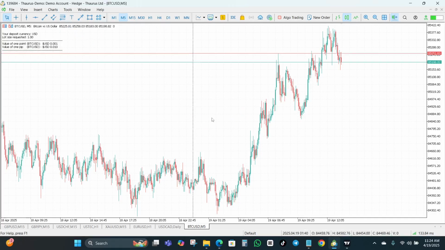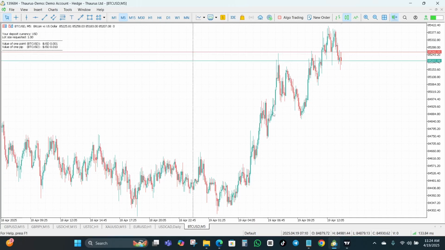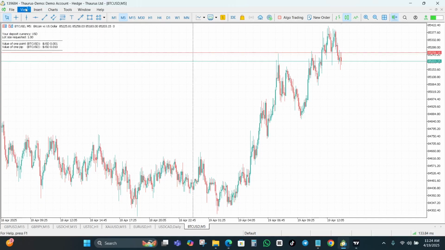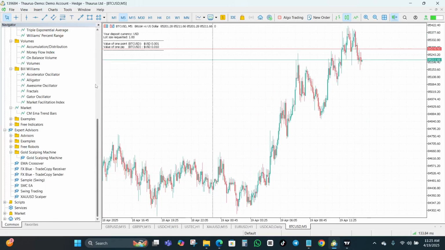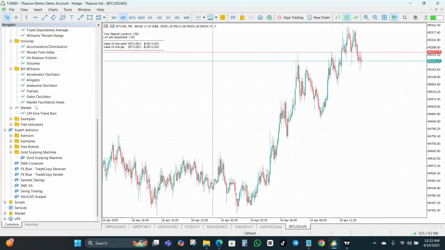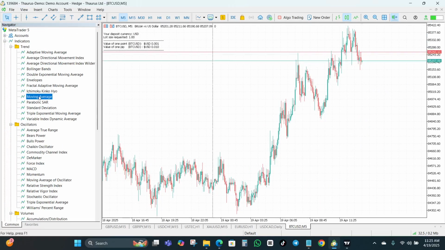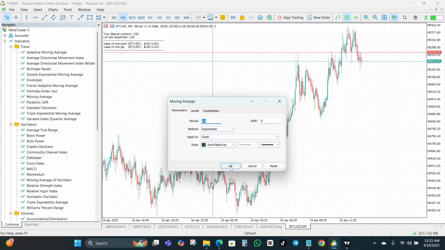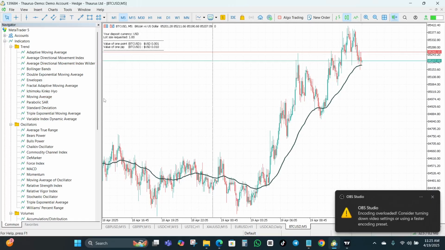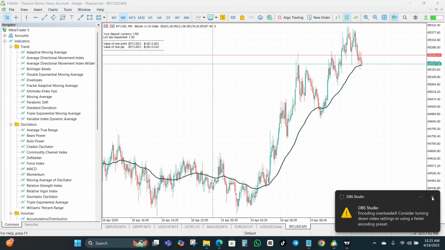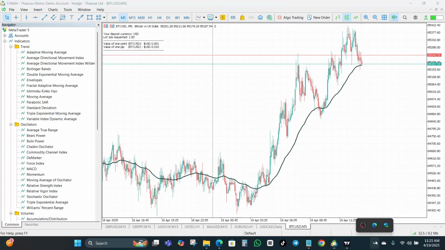All right, you want a clean chart with only essential indicators. I recommend using two EMAs, and the two EMAs that I'm going to recommend using are the 20 and 50 EMAs. All right, this is the 50 EMA. Sorry about that.